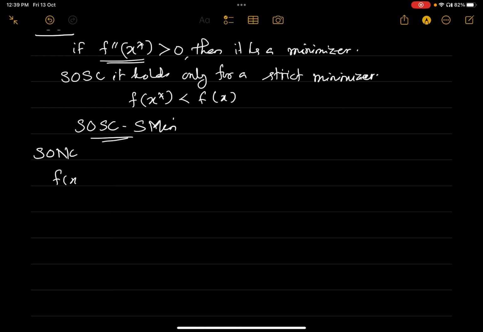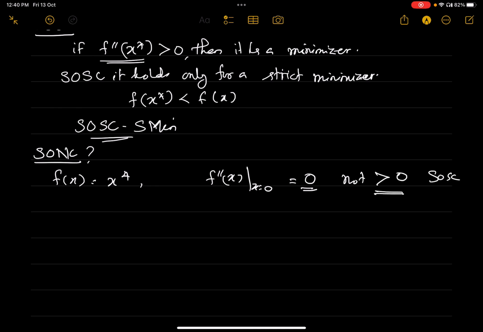Let's try to make a necessary condition. A necessary condition is always broader. How do we formulate this? If we saw earlier f of x equal to x raised to 4, what was the issue with the second derivative? The second derivative at x equal to 0 was actually 0. In fact, it was not greater than 0. This was the second order sufficiency condition.